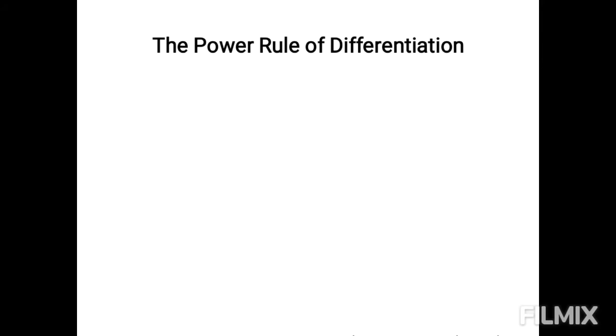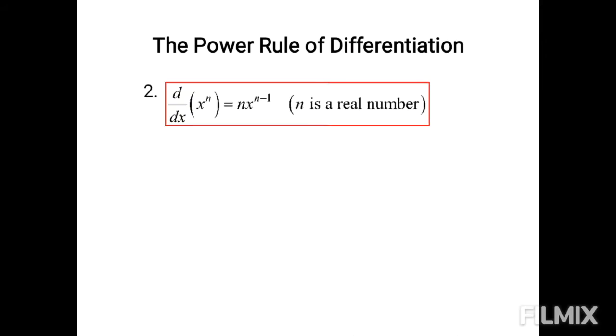Now we are in the second rule, which is the power rule. If n is a positive integer, then here is how we can find the derivative of a function. In other words, to differentiate a power function, we need to decrease the exponent by 1.